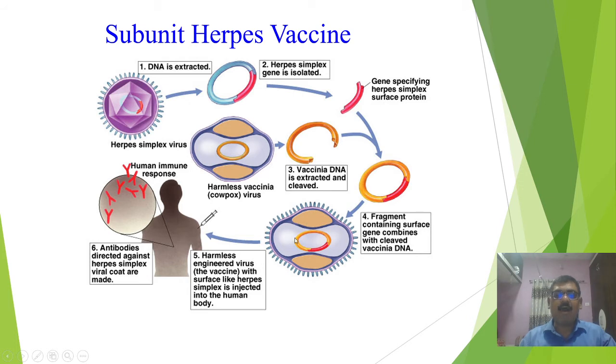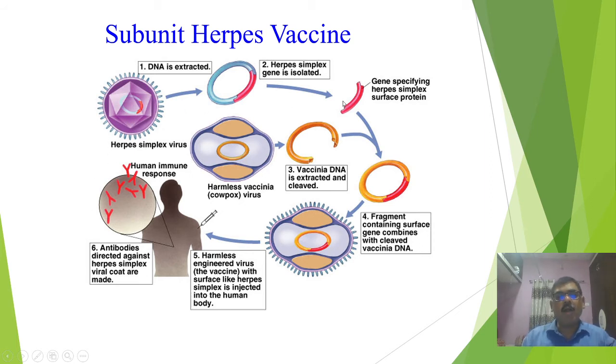This is a harmless engineered virus with a surface like herpes simplex, injected into the human body. Such a novel virus, harmless but having the antigen of the herpes simplex virus, will produce antibodies within the human body against herpes simplex virus.